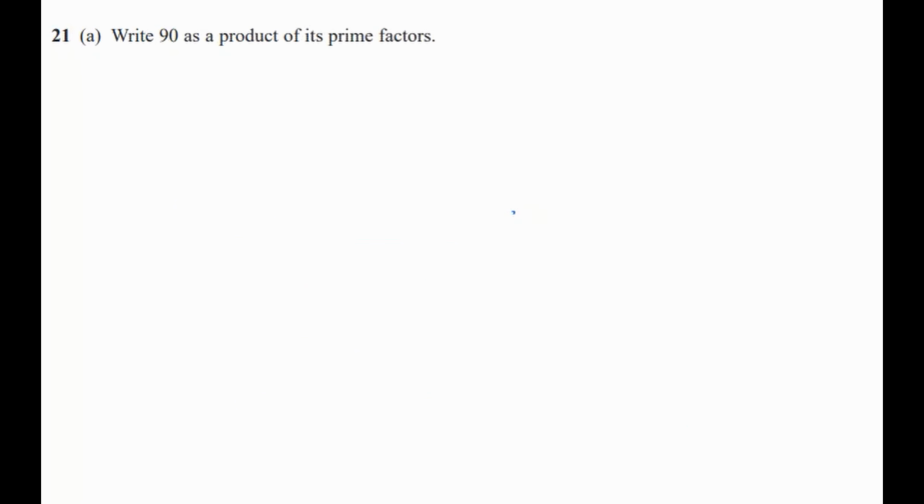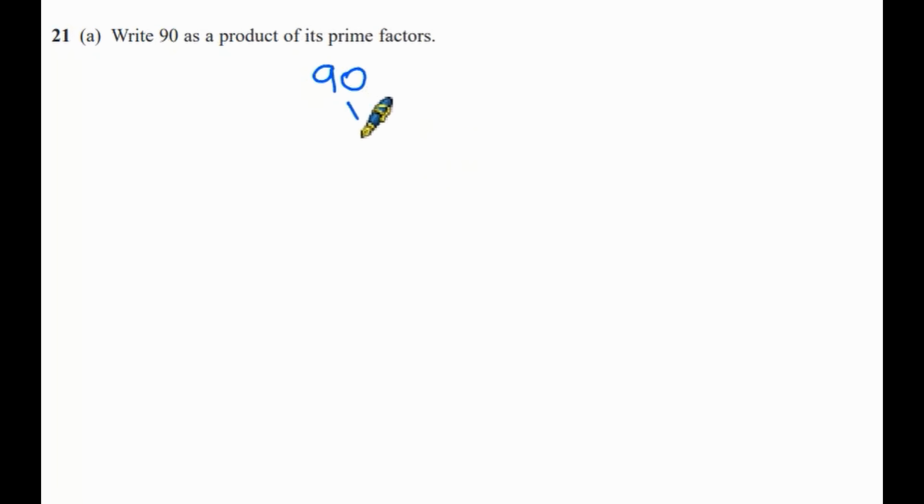I'm going to do question 21 in 2 parts because they are quite different. 21A says write 90 as a product of its prime factors. So we're going to start with 90 and we're going to break it down through its factors until we get the prime ones.